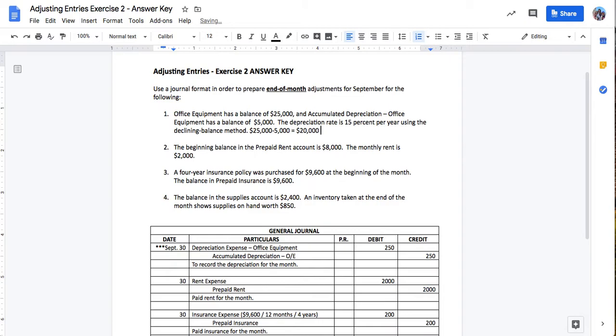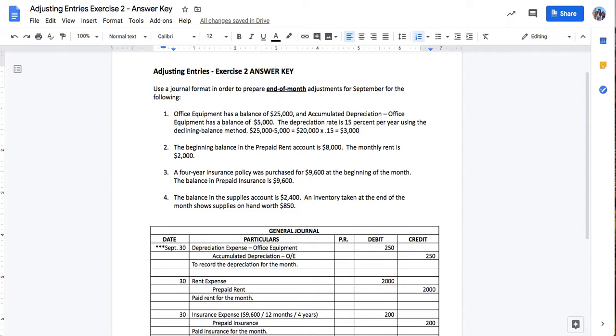I am then going to multiply that by 15%, which is the value of the asset that I'm allowed to depreciate every year. So every year I can take 15% of the book value off. So when I do that, I get $3,000.